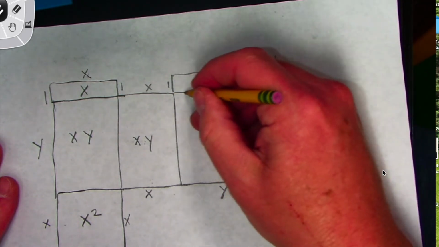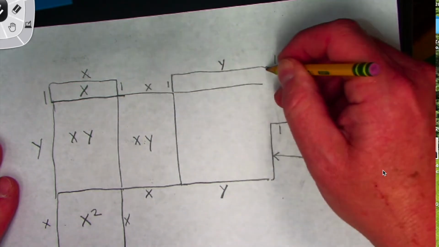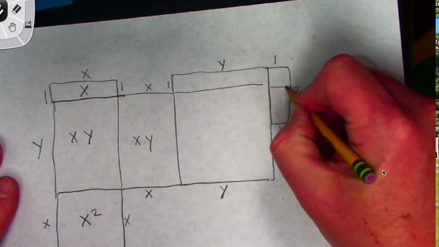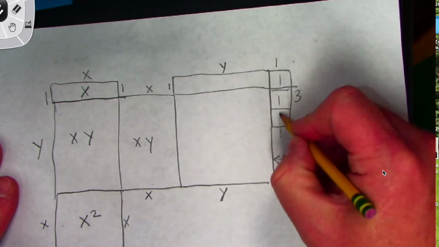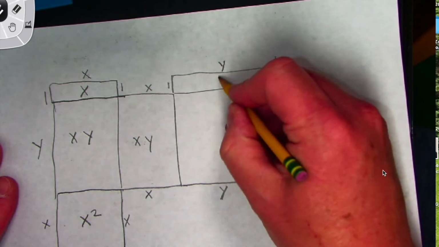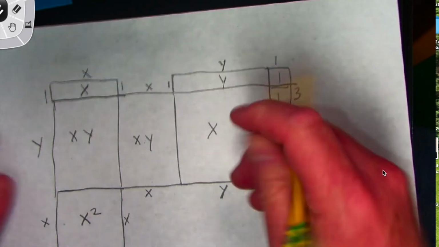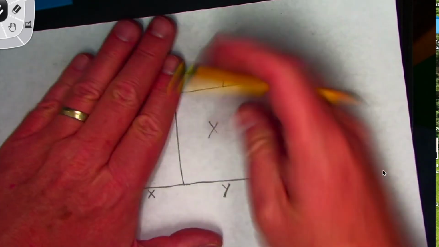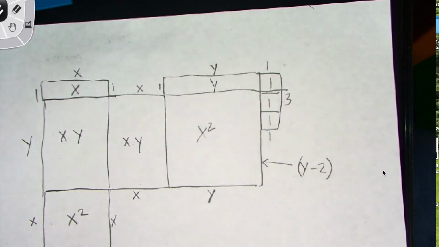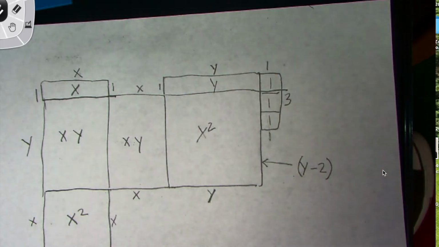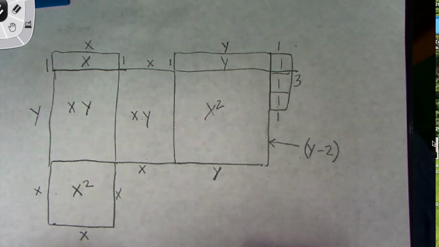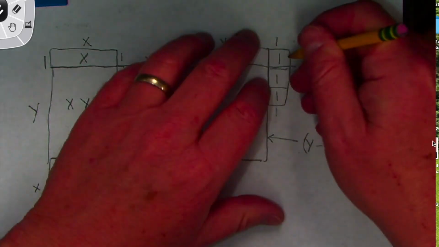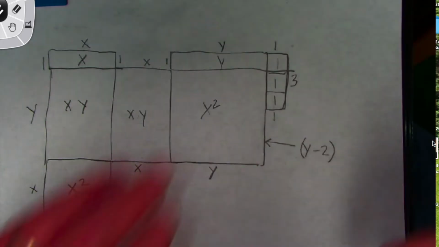Here is a 1, and a 1. Here's a y tile. Here's a y. Nope, a y squared, Mr. Dell. Look at that. All right, there's my drawing. So let's start with our area, right? I think area is so much more friendly.